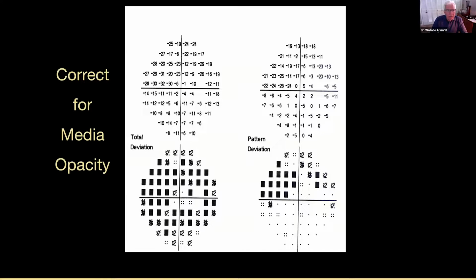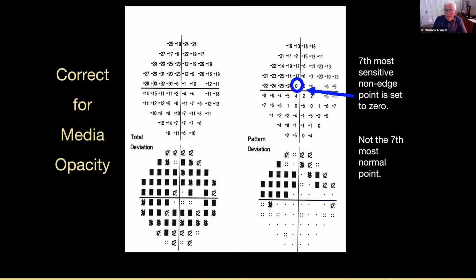So that would be a situation like this. This is somebody whose total deviation, all the points are down quite a bit. But when you correct for the overall depression of the visual field, then you see this arcuate scotoma kind of shining through. Now, real honestly, you could see that looking at the grayscale, but this helps to pull it out for you. And then what it does is it takes the 7th most sensitive non-edge point and sets that to 0.